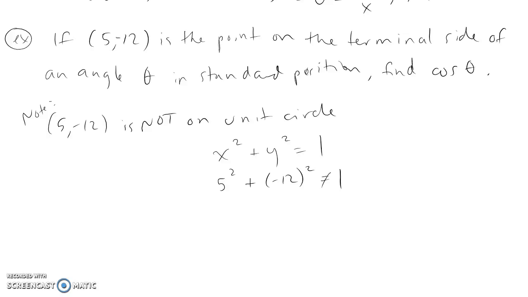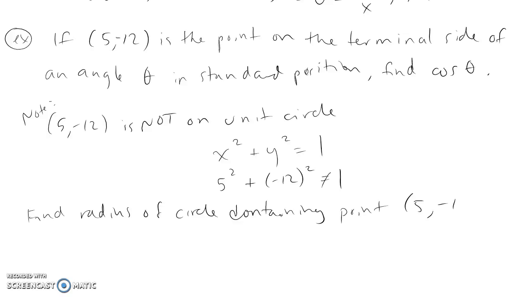So what we have to do is find the radius of the circle containing the point (5, negative 12). Every point in the coordinate plane is going to be on some circle with a center at the origin and some radius, right? So let's find out which one this is, and as soon as we find out the radius, we can use the definitions above to find the cosine of it.